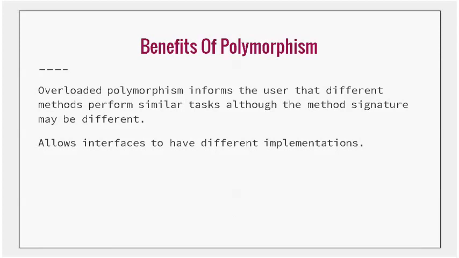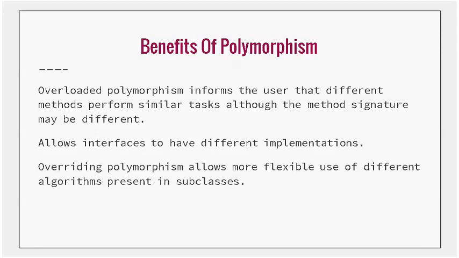You could have five more dog types, for example a German Shepherd or Pomeranian or some other dog breed, and all of them can extend the dog class or dog interface and then have their own implementation of the bark method. So that gives flexibility and extensibility to the application.